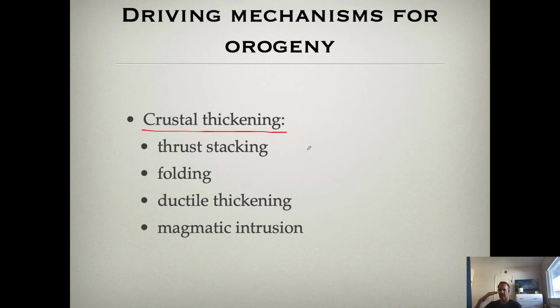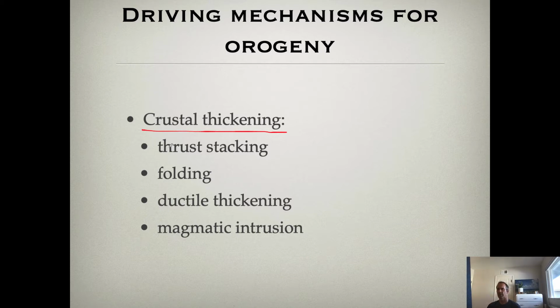So you have to stack it, because remember, if you just squeeze something together, if it doesn't thicken, it won't sit higher. It'll just stay, right? The elevation is a function of its buoyancy. So you have to increase buoyancy, and you do that by thickening that low density continental crust.